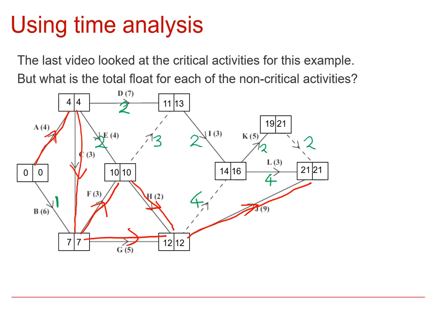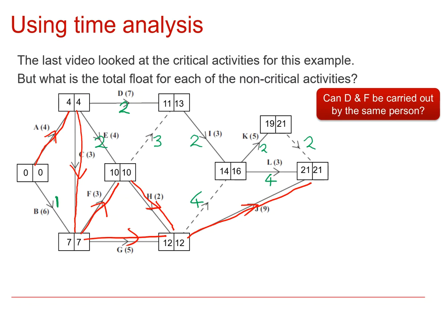So with those floats worked out, that might help us to some extent to answer the following questions. So first question is, can D and F be carried out by the same person? So you can think about this yourself in a moment, but if we just find those activities to start with, activity D is here. You might want to look at the start and end times that are possible for that activity, and F is over here.